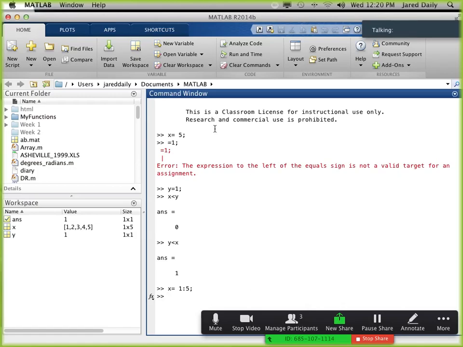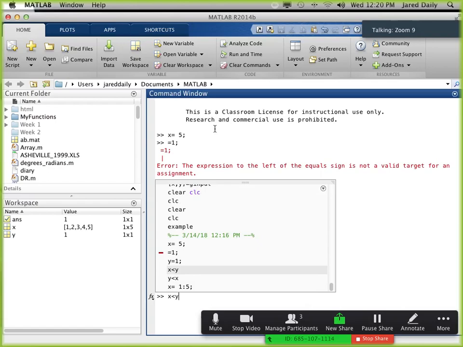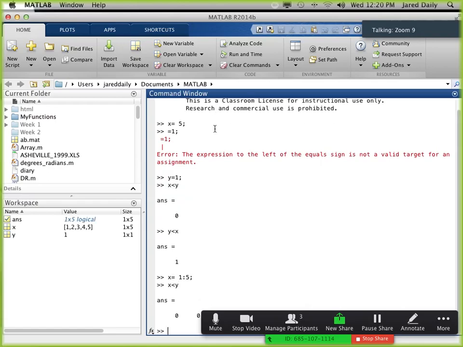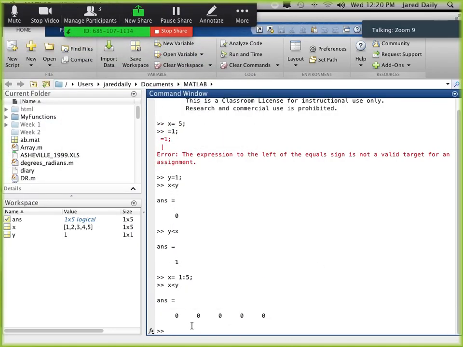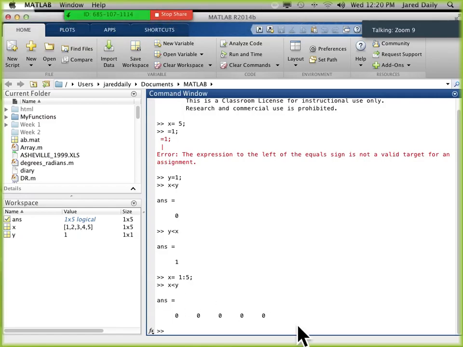Let's see if x is less than y. It returns an array of answers now: 0, 0, 0, 0, 0. It answers 0 because x is not less than y when both are equal to 1, and neither is less than the other. They're equal to each other, so it answers false.